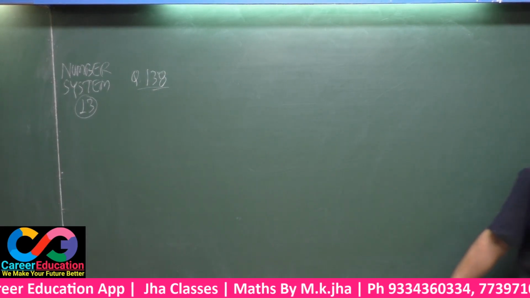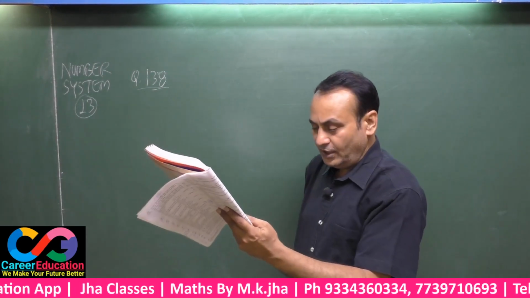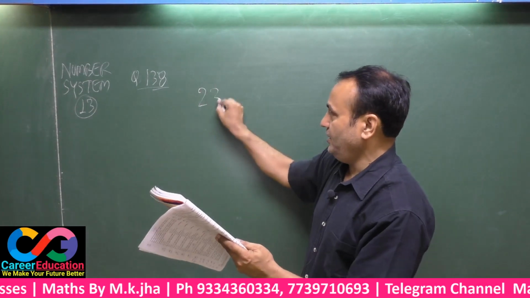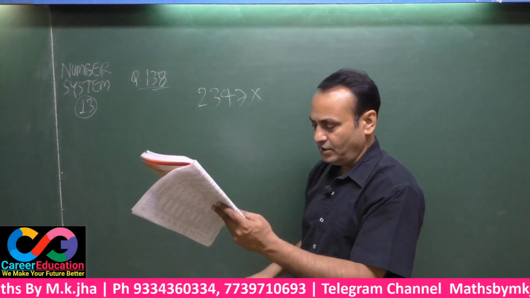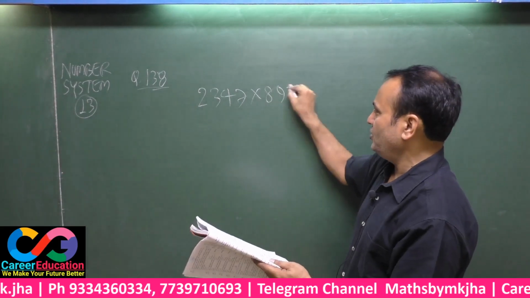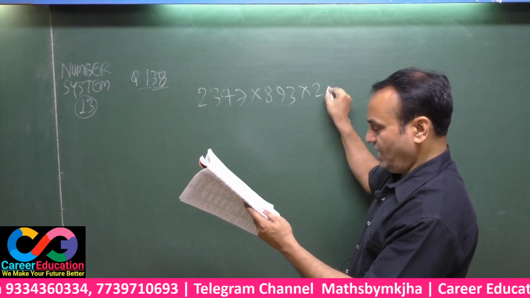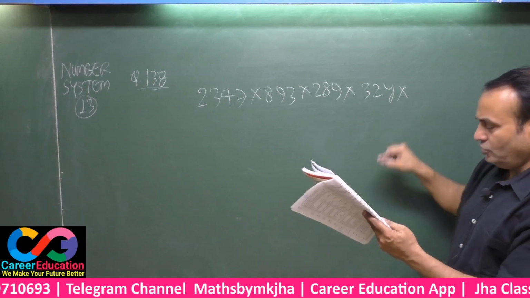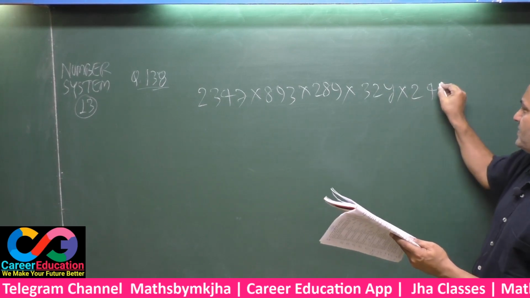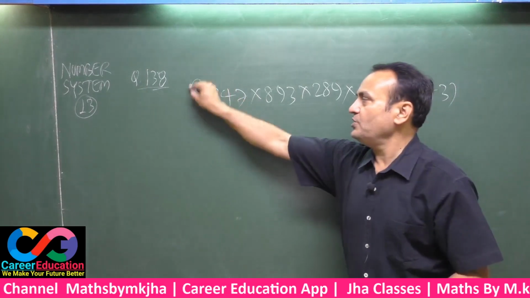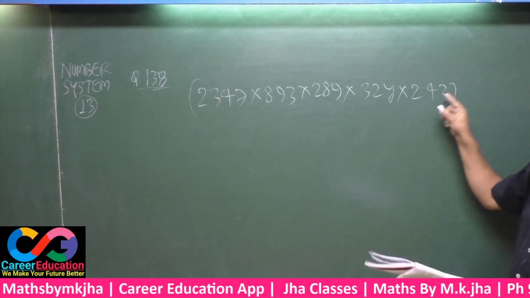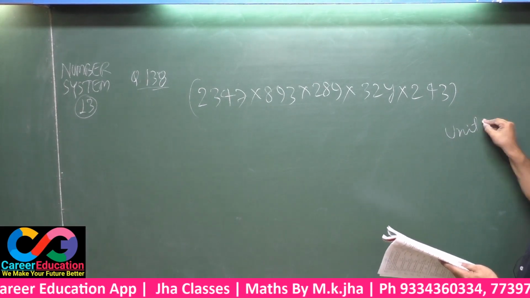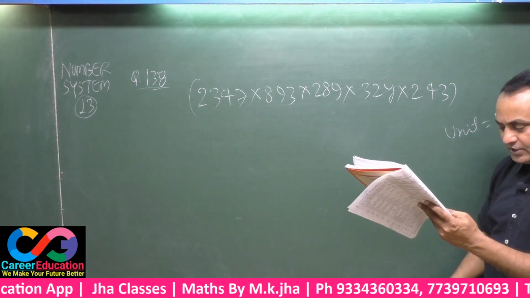Question 138 says, if the unit of the product 2347 893 289 into 32y into 243 is 3, that means the unit of this product is only 3, then you have to find out the value of y.